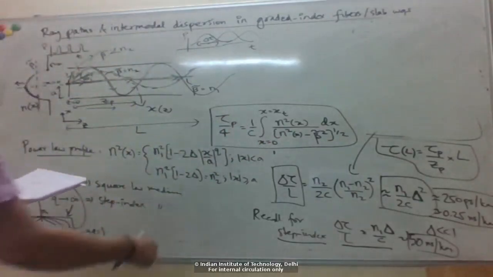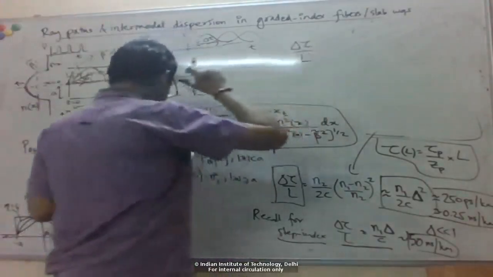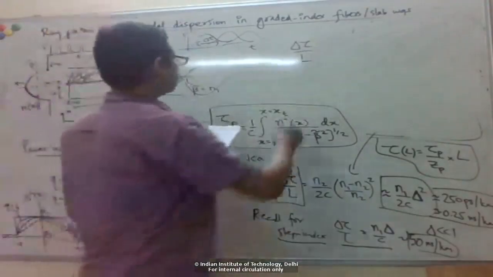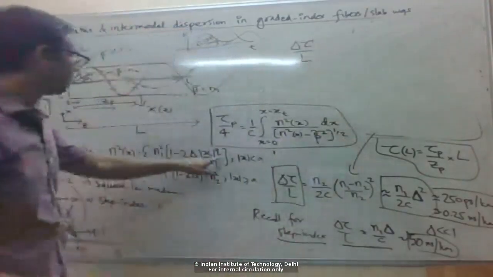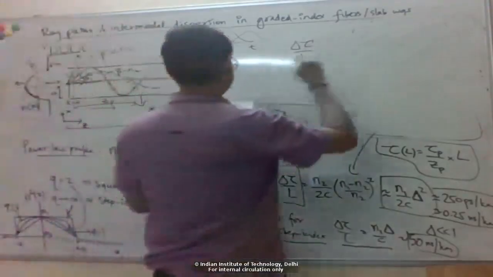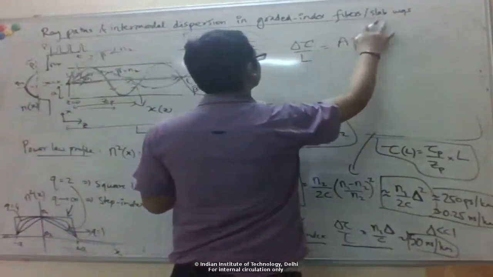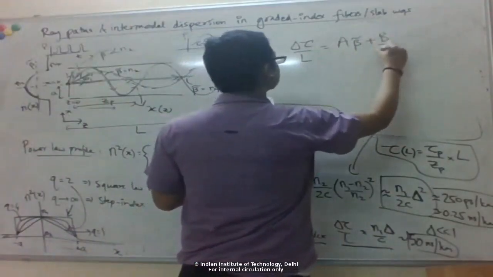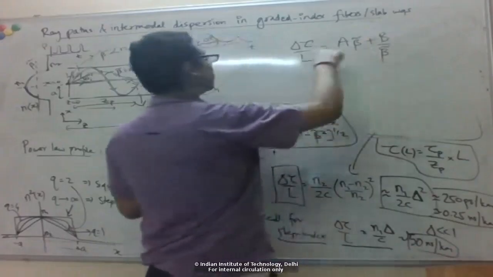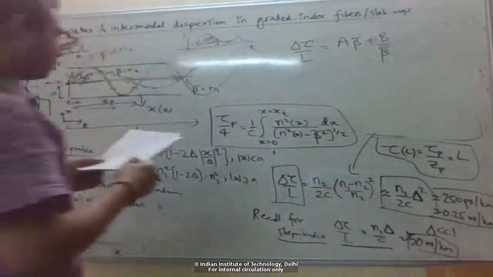But for our purposes, you can calculate the dispersion for any value of q. The expression that you get looks similar to what we had for the square law profile, except the constants are different. So a and b are some constants, which depend on q.